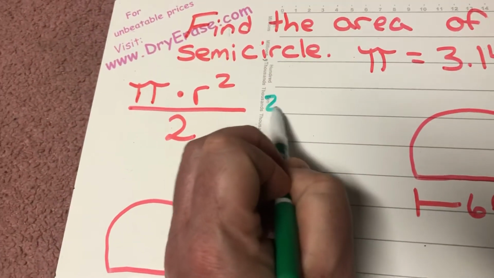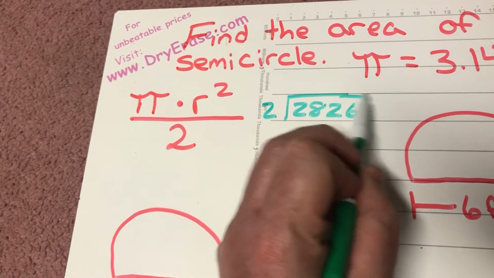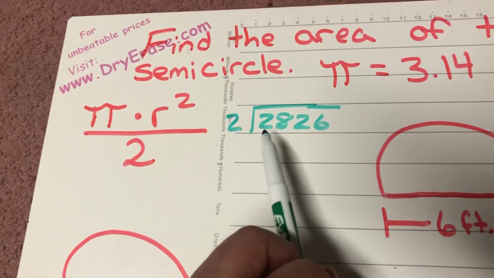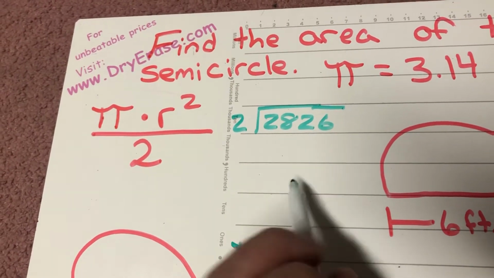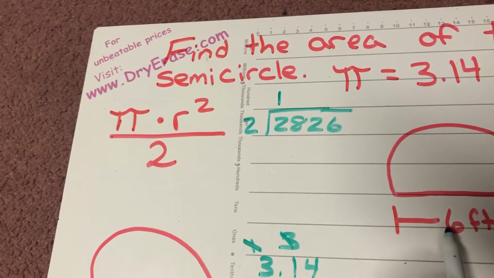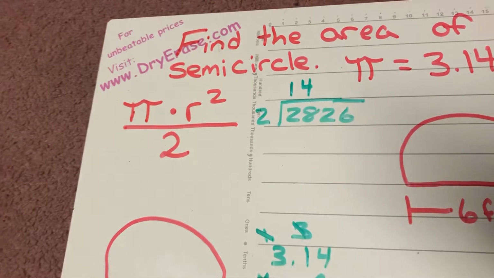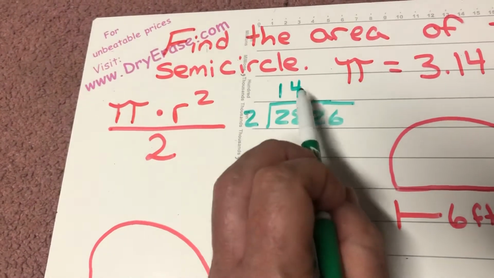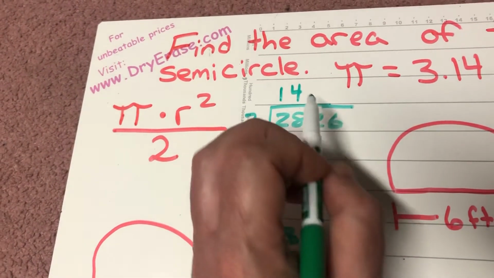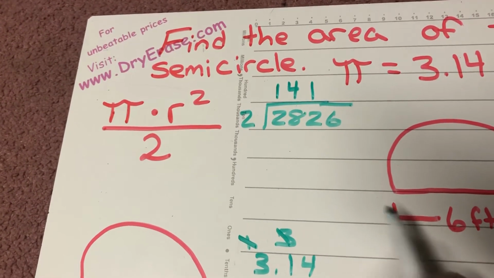2,826, take 2 into 2,826. And as a 7th grader, I need to notice that these are all even numbers. 2 can go into 2 once, and there's going to be none left over because 2 times 1 is 2. 2 can go into 8 4 times, and there's going to be none left over because 2 times 4 is 8. 2 can go into 2 once, and there's going to be none left over because 2 times 1 is 2.